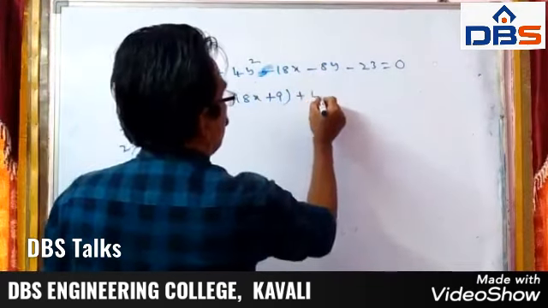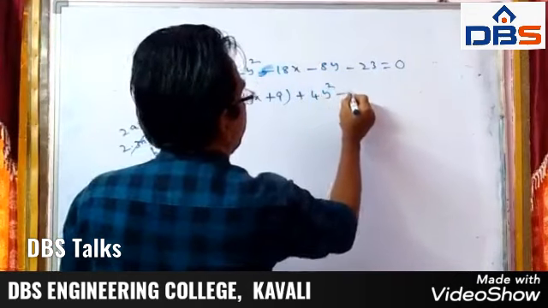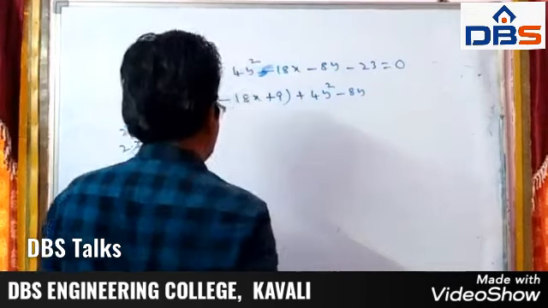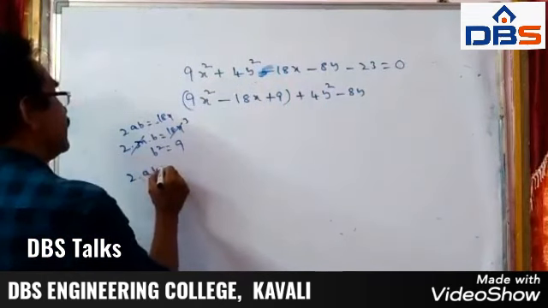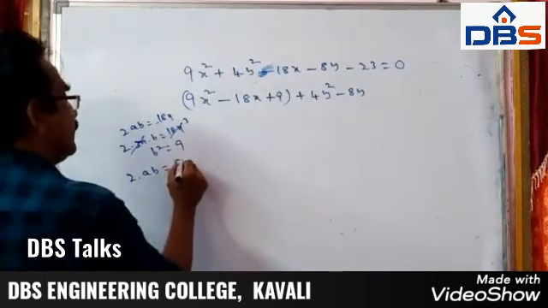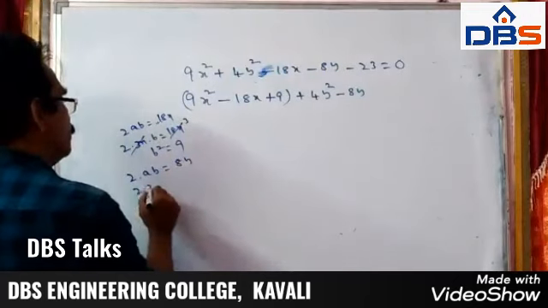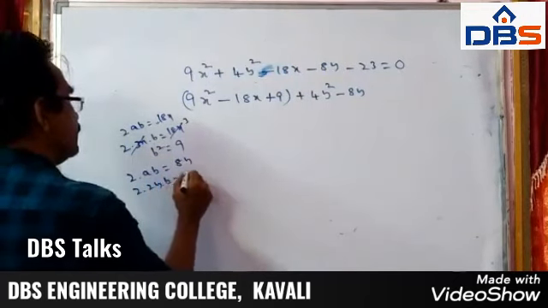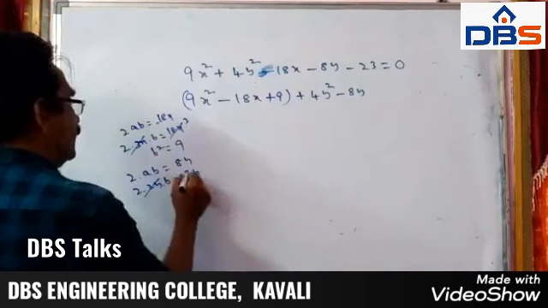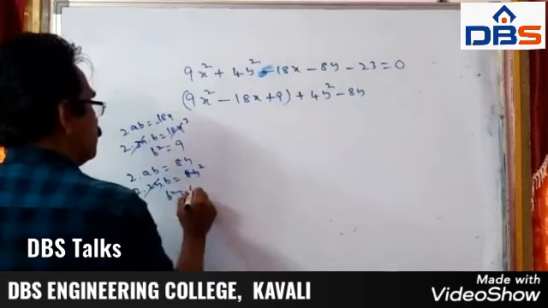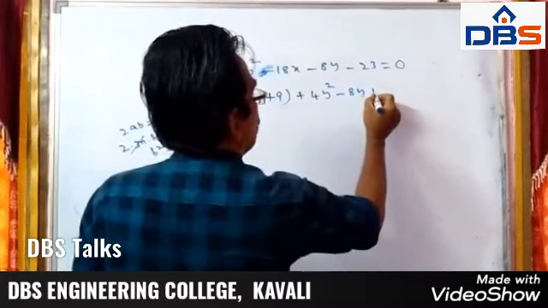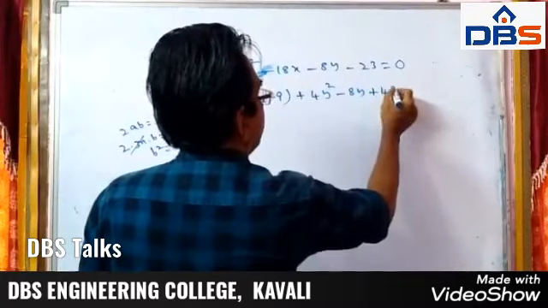Then 4y square minus 8y: 2 into 2y into b is equal to 8y, so b is equal to 2, b square is equal to 4. So 4 is to be added.